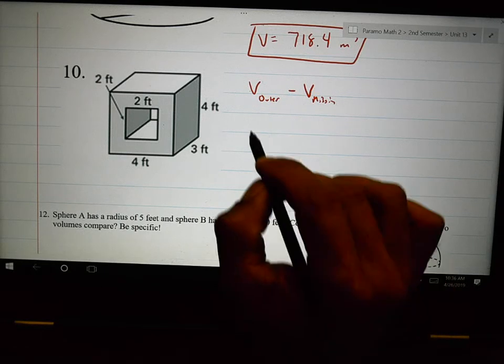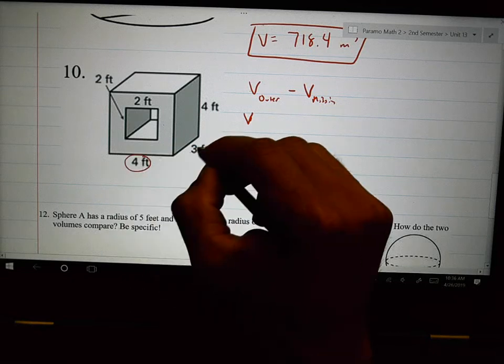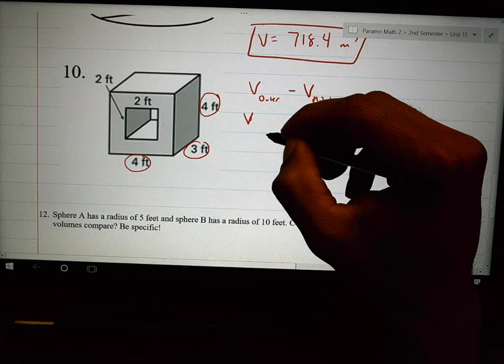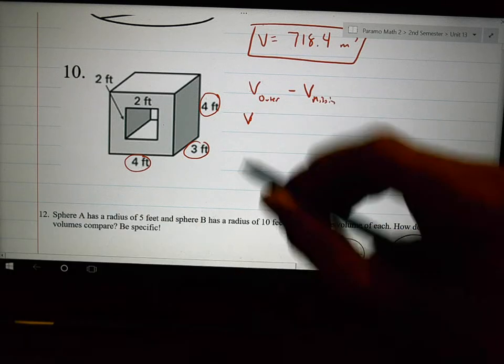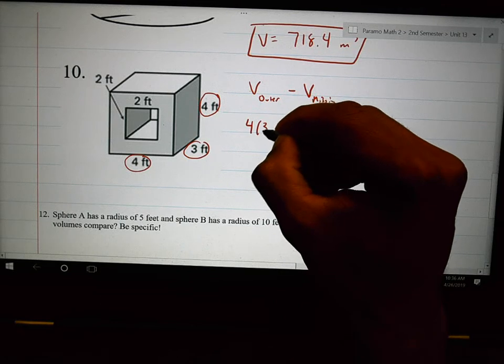So the volume of the outer prism, here's the base and the height and the other height, or the length times width times height. That will be 4 times 3 times 4.